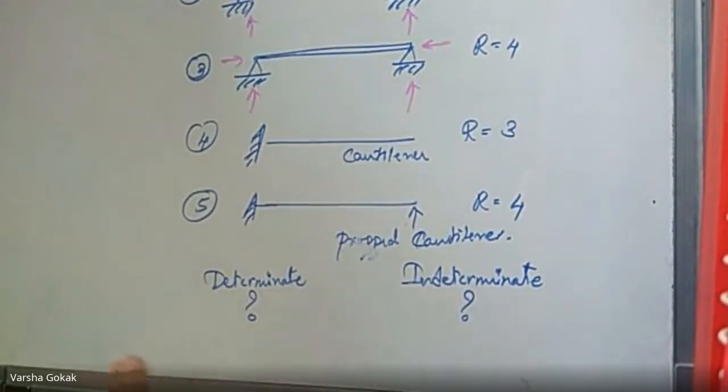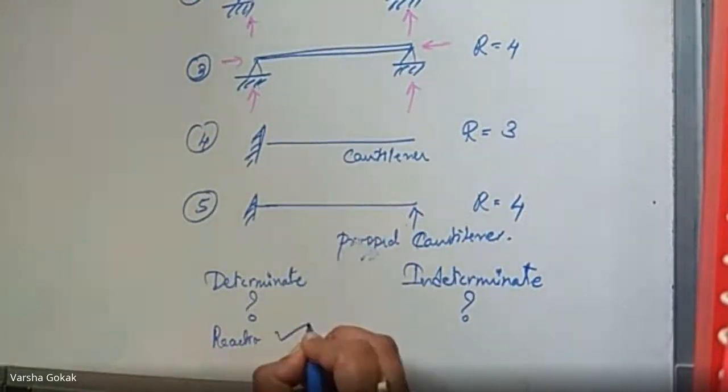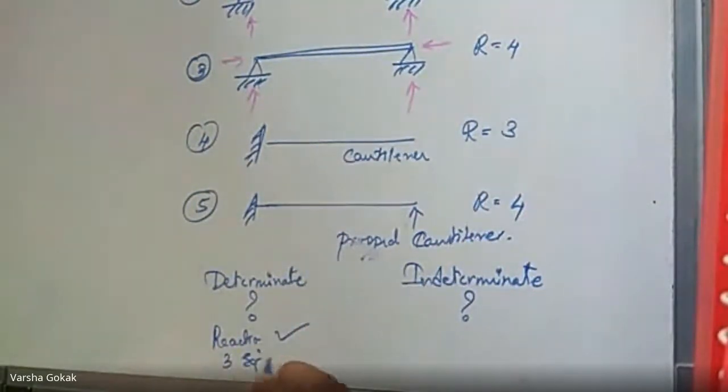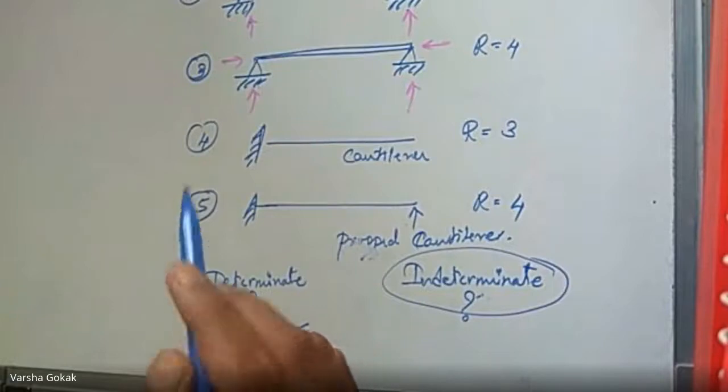Now to find the reactions, how many equations of equilibrium do we have? 3. If we are able to find the reactions using the 3 equations of equilibrium, then it is a determinate structure. If we cannot find the unknown reactions using the 3 equations of equilibrium, it becomes an indeterminate structure.